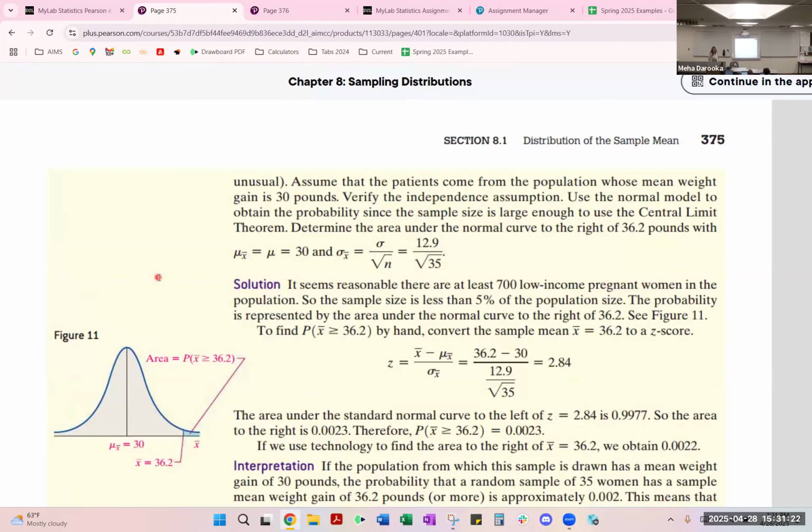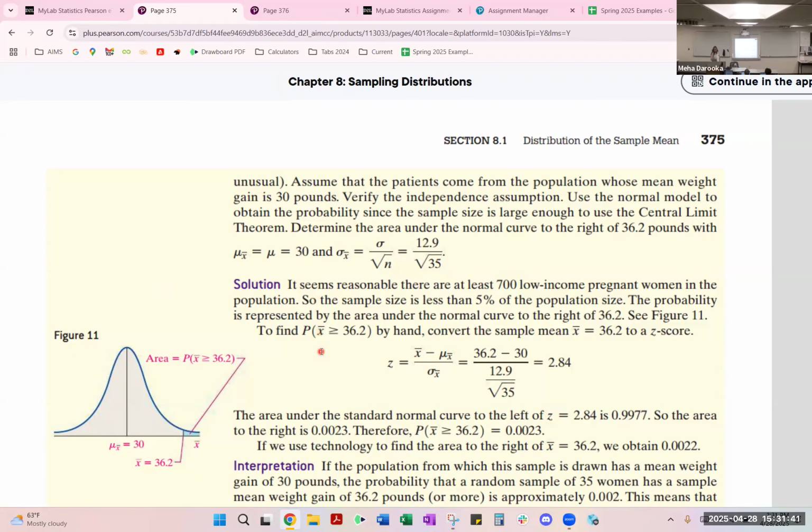So you can see we're doing the same math here. The mean for the sampling distribution will be the same as the population mean, which was 30. To calculate the standard deviation, we take the population standard deviation and divide it by the square root of n. You can see that math over there.